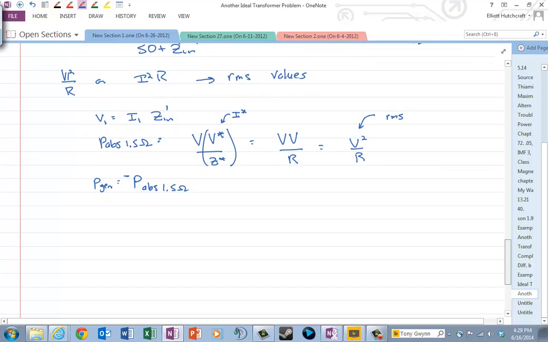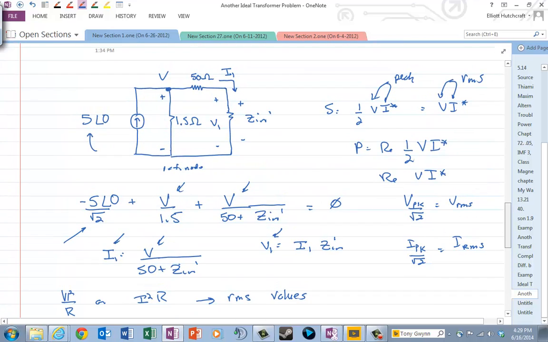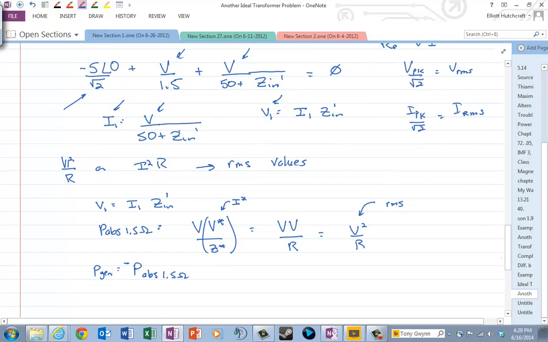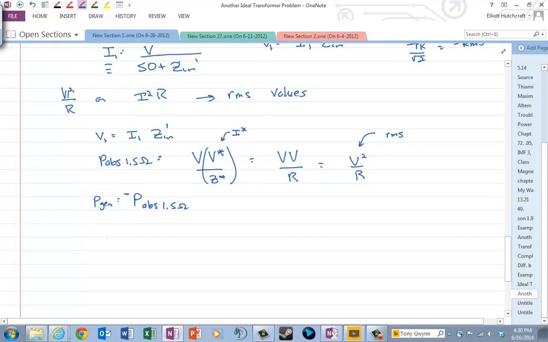So, okay, that's that part. And what about the 50 ohm? Well, we've got I1, and that's this value right here. It's that V that we've got divided by 50 plus Zn prime.